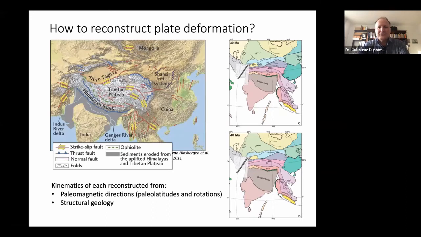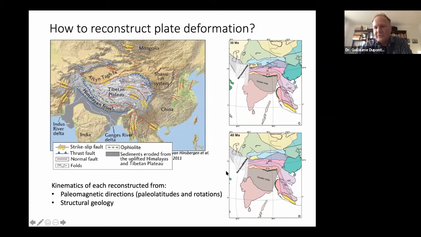And so how to reconstruct plate deformation? We already saw how to reconstruct small blocks within a deforming zone with paleomagnetism. But you can also look at faults, so how the faults have moved.